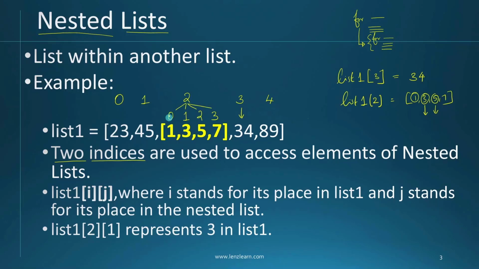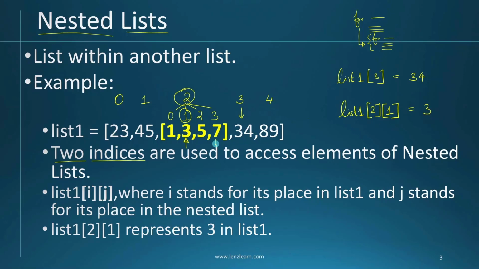So you can consider it like a tree. Now if you want to access this value 3, then you have to give 2 index values to list1. The first value will be the position of the inner list, which is index 2. The second index, you have to give in a second square bracket. And you can see inside this inner list, 3 is available at position 1. So you have to give 1 over here. This will return value 3.